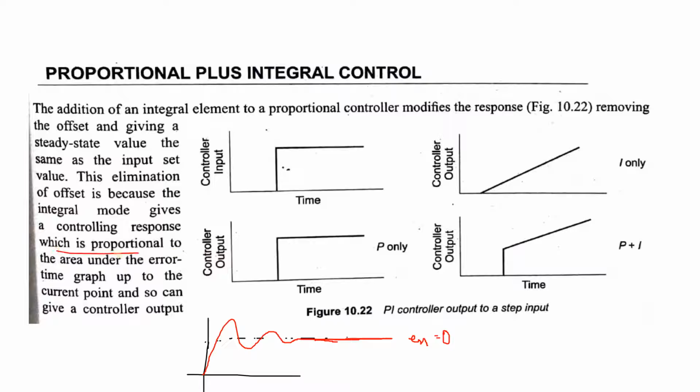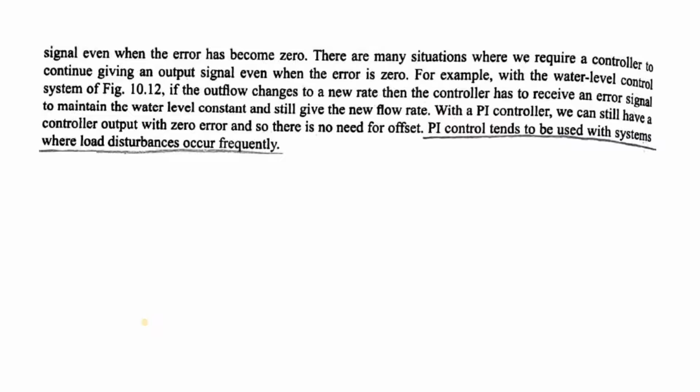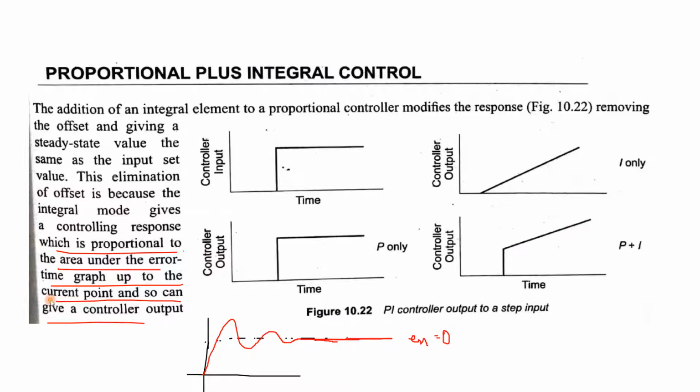The elimination of the offset is because the integral mode gives a controlling response which is proportional to the area under the error time graph up to the current point, and so it can give a controller output signal even when the error has become 0. That means if the error is 0, you may say that the controller action will not be required, so it will stop.